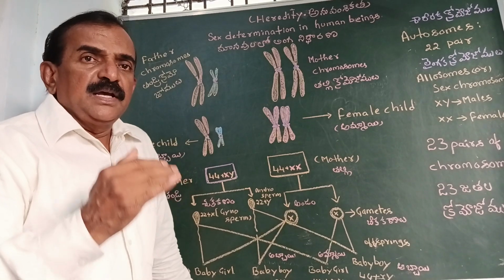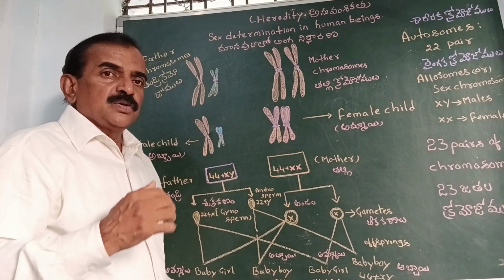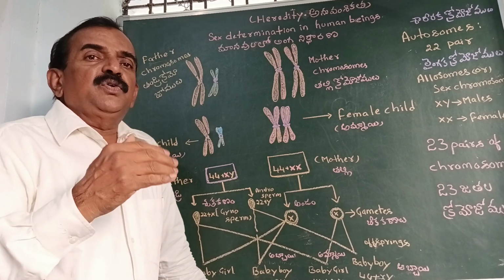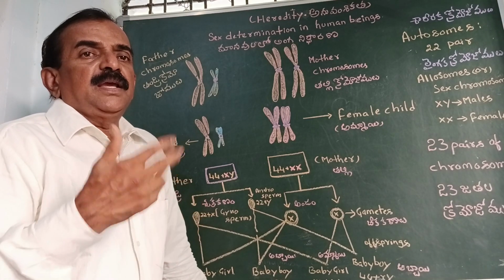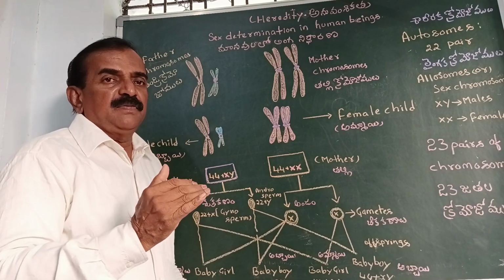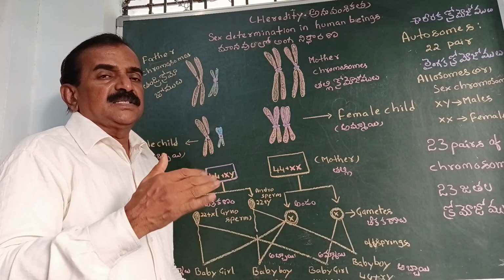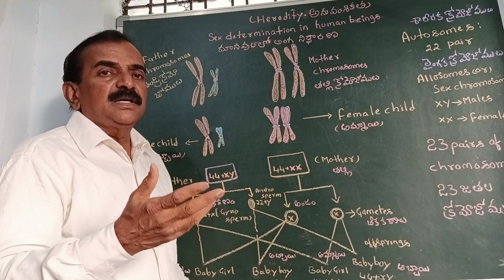So who is responsible for the sex of a baby? A mother gives birth to a child. The child may be a baby girl or baby boy. So here we are observing two sexes, male baby boy and female baby girl.